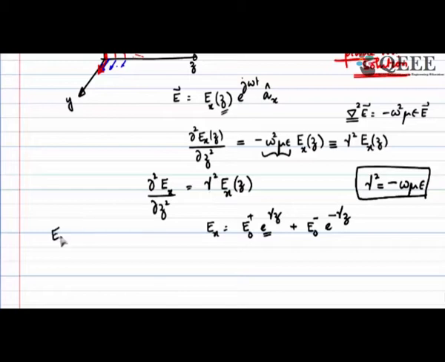If I substitute Ex as a e power gamma z, first differential will give me gamma, second differential will give me gamma square. So that satisfies. If I substitute a e power minus gamma z, first differential will give me minus gamma times the function, second differential will give me plus gamma square. So both plus and minus are solutions. So I am writing the general solution: a linear combination of e power gamma z and e power minus gamma z.